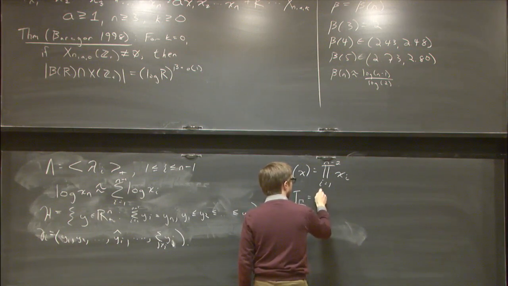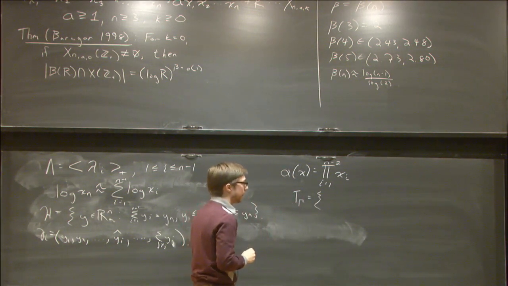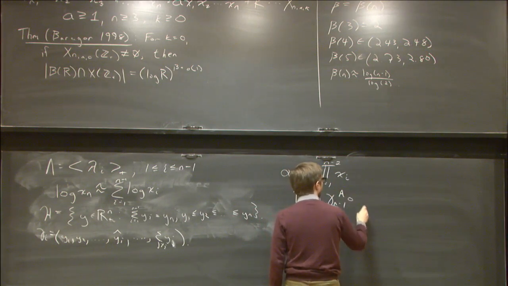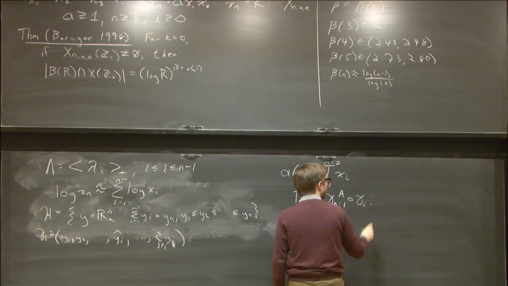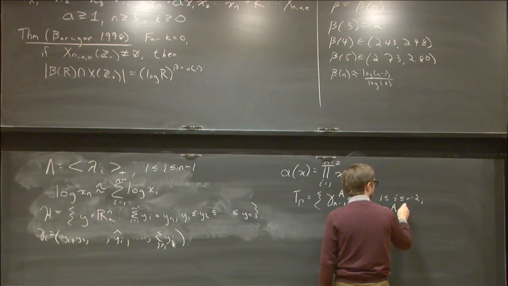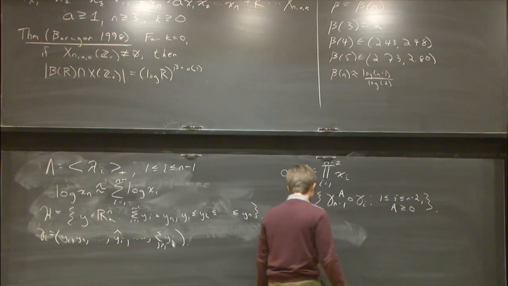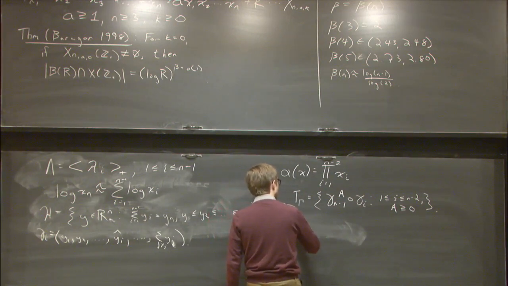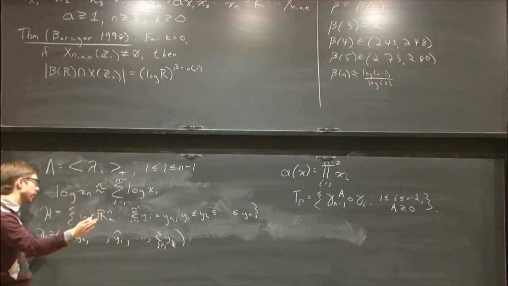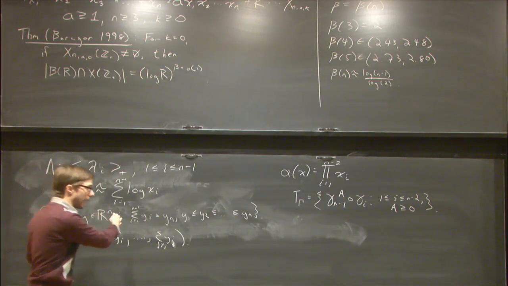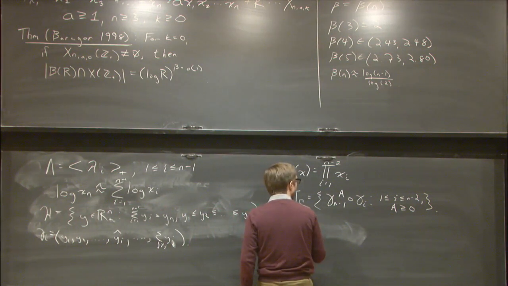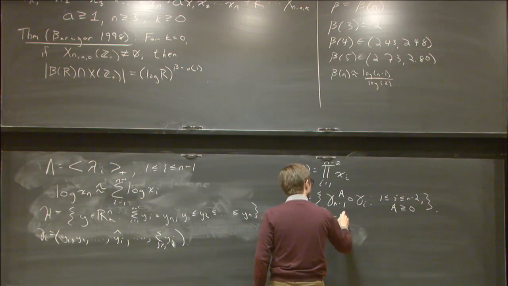T gamma is the countably infinite set of maps gamma n minus 1 to the a, composed with gamma i, where i is between 1 and n minus 2, and a is a number greater than or equal to 0. Then rather than work with the semigroup generated by all of the maps in the way we did before, I'm going to look at the semigroup of maps gamma prime generated by T gamma.